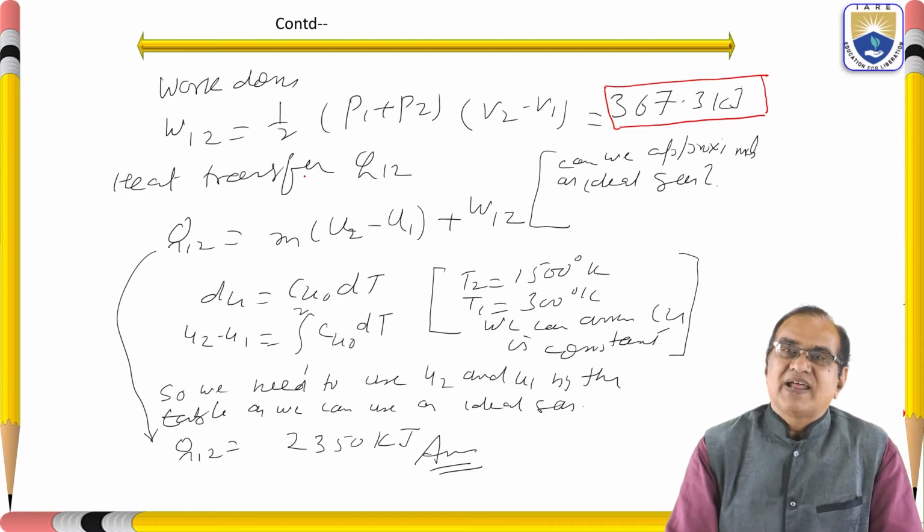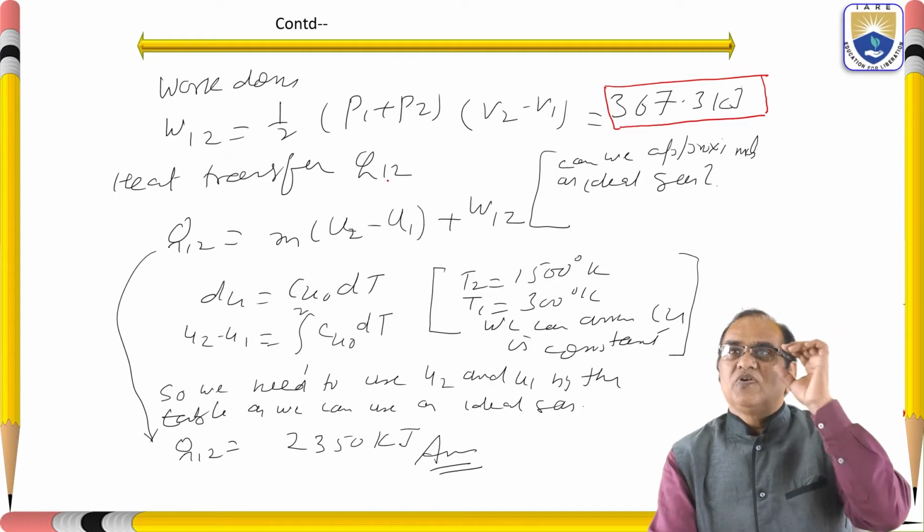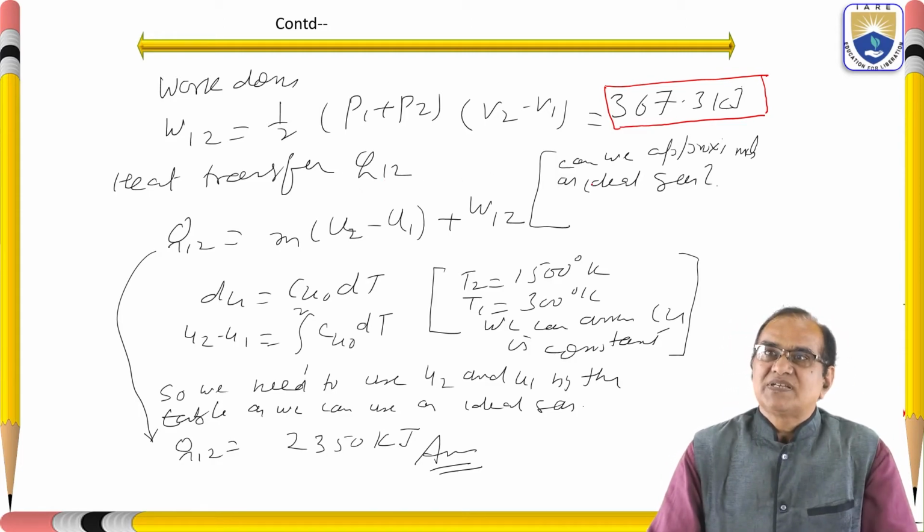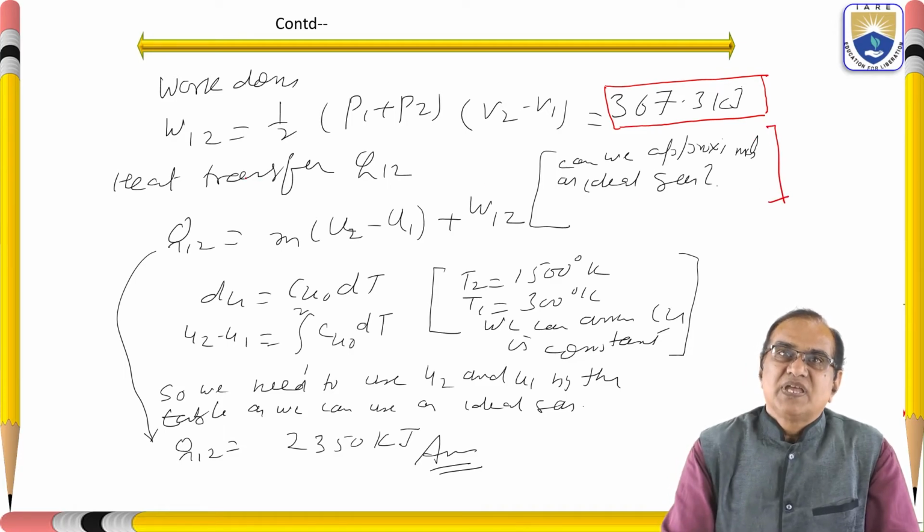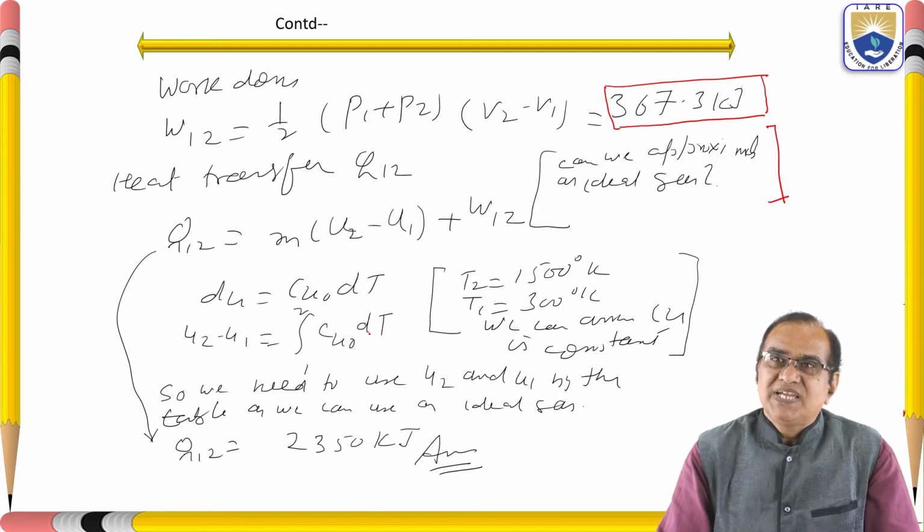Now heat transfer Q12 can be approximated as an ideal gas. So here Q12 is equal to m times U2 minus U1 plus W12. This du is equal to Cv naught into dT, so U2 minus U1 is the integration from 1 to 2 of Cv dT.